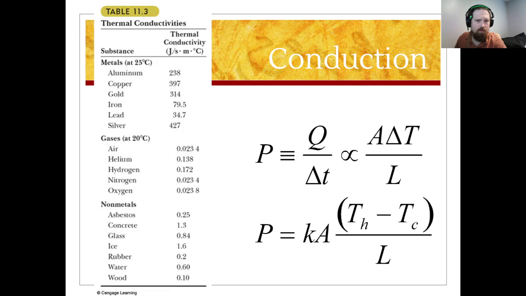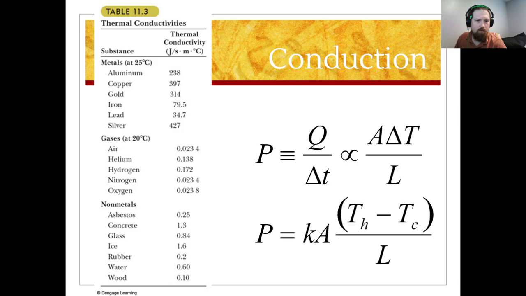If everything is the same temperature, there's no heat flow. So in this formula, if the hot temperature and the cold temperature were the same, you'd get a heat flow of 0 for that reason. So a TH minus TC term represents the difference in temperature across the object that you're examining.